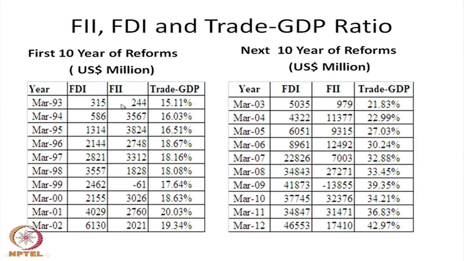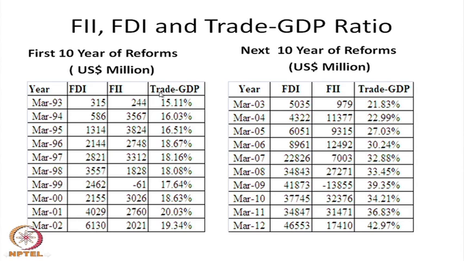Similarly, FII and FDI increased significantly, in US dollar million, as I have mentioned here. In 93 India received foreign direct investment of 315 million, which increased to 6,130 million, a significant jump in FDI.